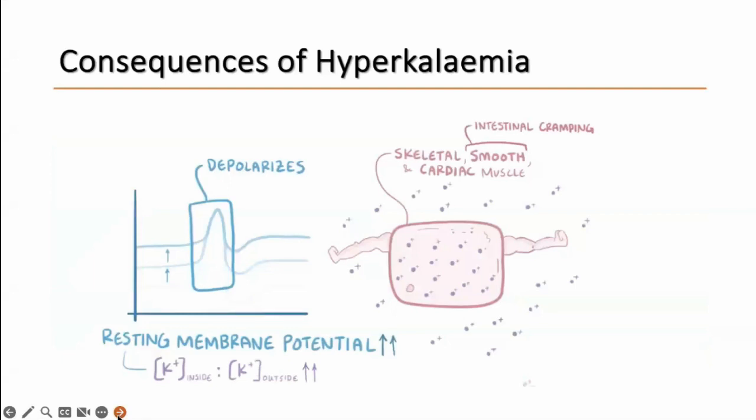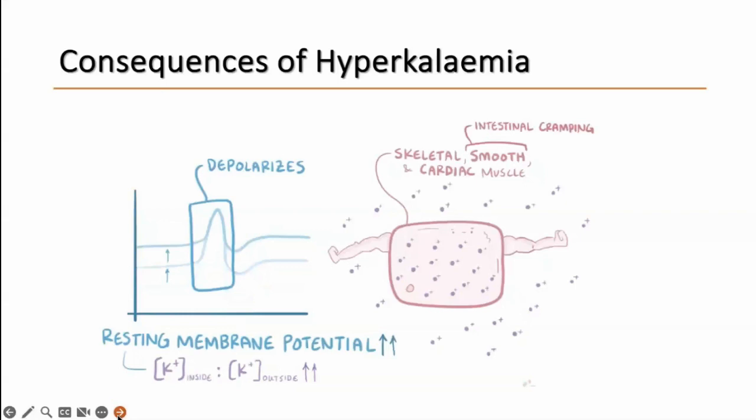So when we're looking at the clinical presentation, we need to understand why a patient would present this way. So what happens is when there is too much potassium outside of the cell, it increases the resting membrane potential.